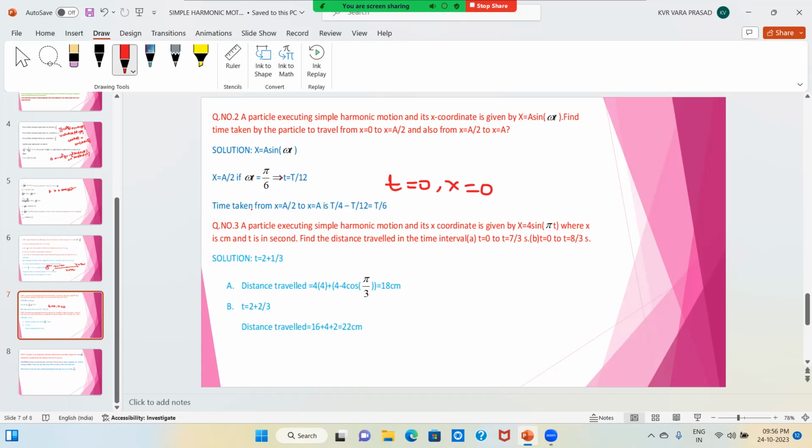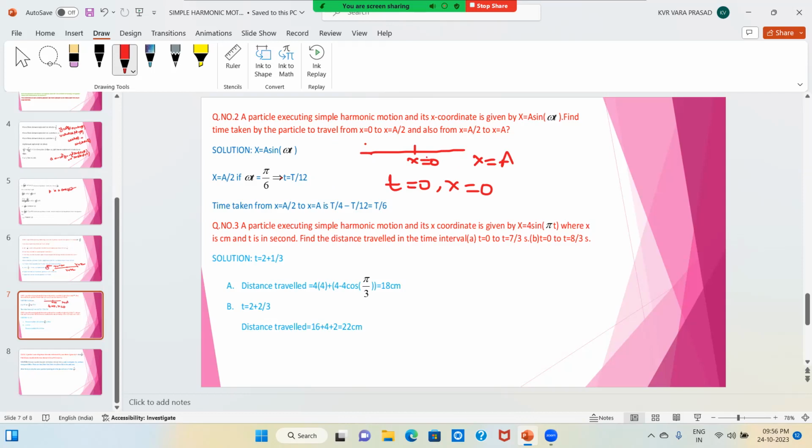Right. Now in the same way from a by 2 to a. We know that to travel from x equal to 0 to x equal to a, that means from mean position to right extreme, this is what we call 1/4 oscillation.